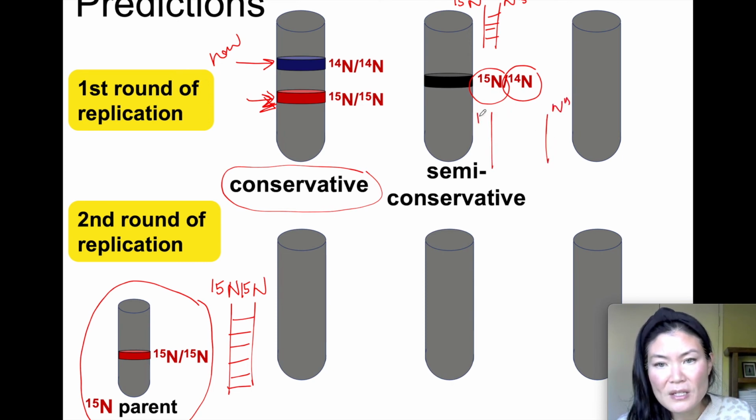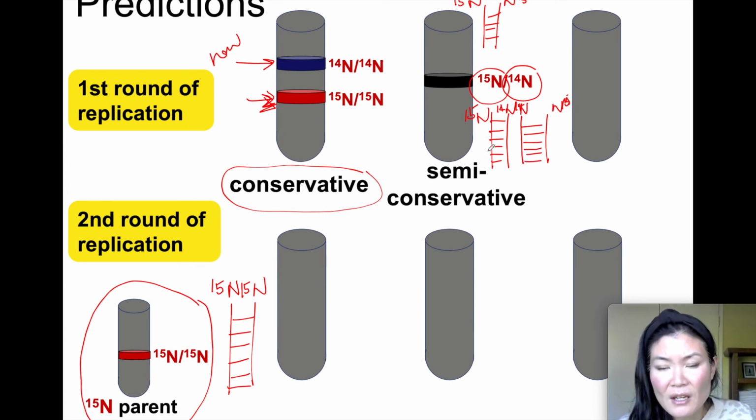Oh, this is so messy. And then the nitrogen 15 strands act as a template for nitrogen 14, because they transferred the bacteria to nitrogen 14 containing medium. Can you guys see that? I hope so. Basically, half of the DNA is made with the original heavy nitrogen 15, and then the two new strands are made with nitrogen 14.